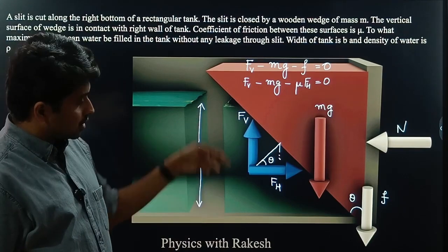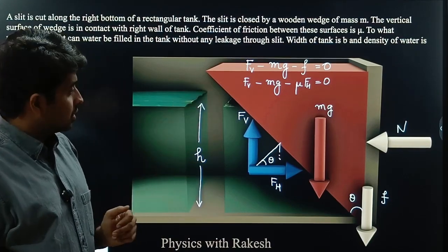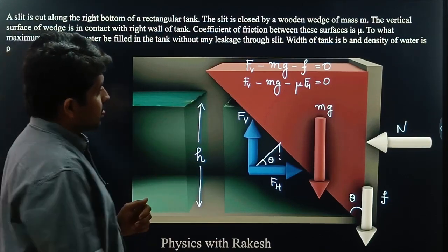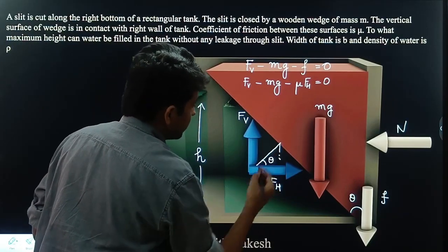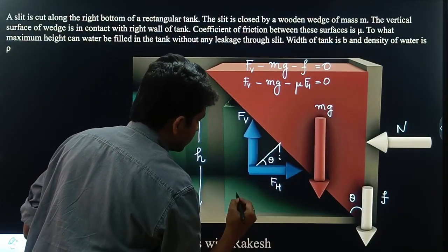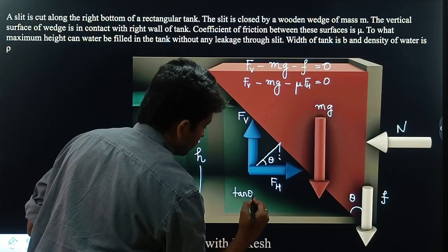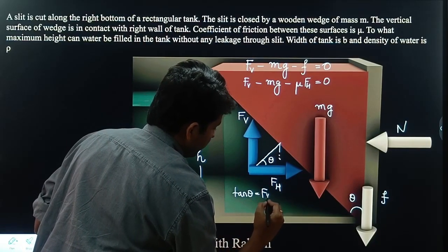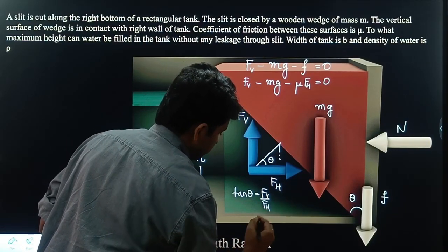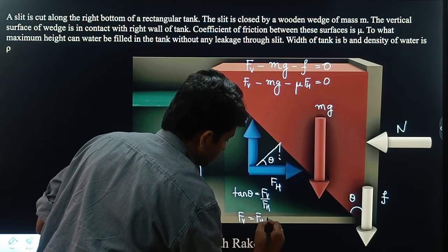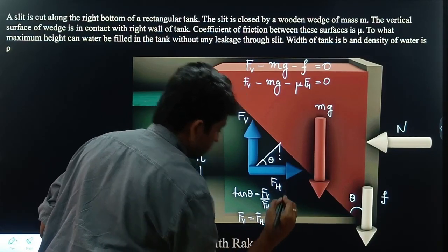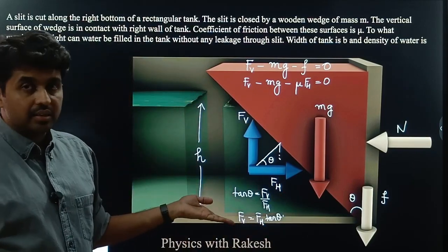The horizontal force is very easy to calculate. Directly we can do average pressure into area, right? So horizontal is easy to calculate, so we can write tan theta as F vertical by F horizontal. So F vertical is nothing but F horizontal tan theta.